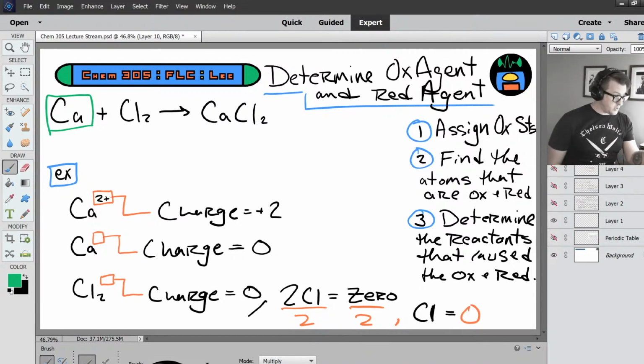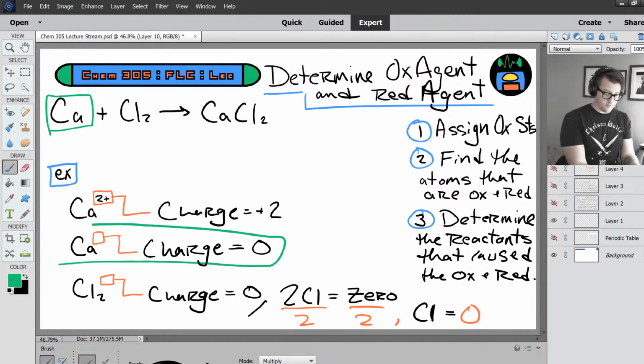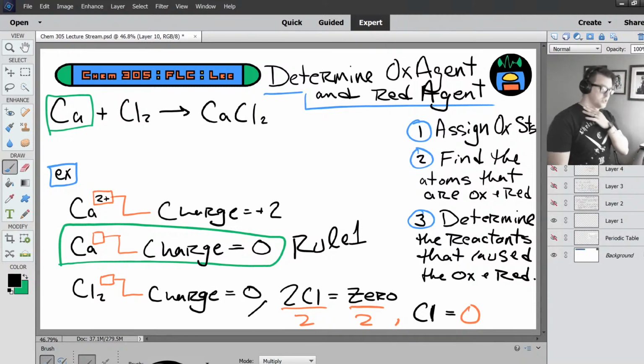Basically, Karenza, the reason why it's 0 is right here. You've got 0 charge, so this is a rule number 1 scenario. Totally. Yes, you only move to the lower rules if the first one doesn't bail you out, or the earlier ones don't bail you out.